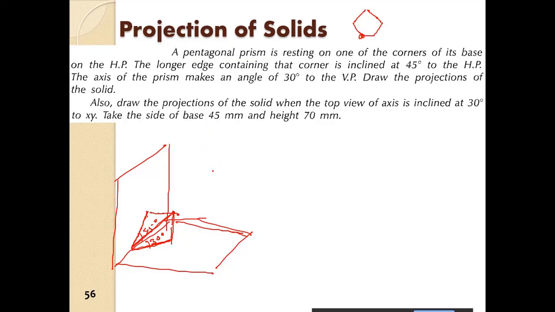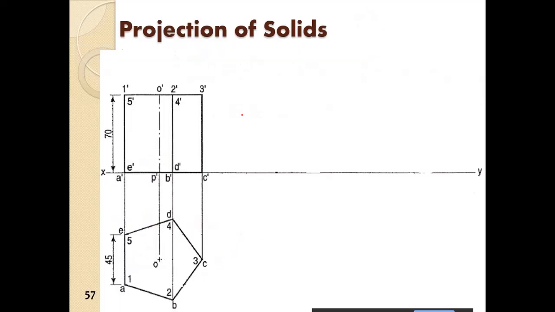So first of all, we will consider the prism to be just standing in front of the VP. So we have the prism here, in this manner. So this is the face and it is standing right in front of the VP.